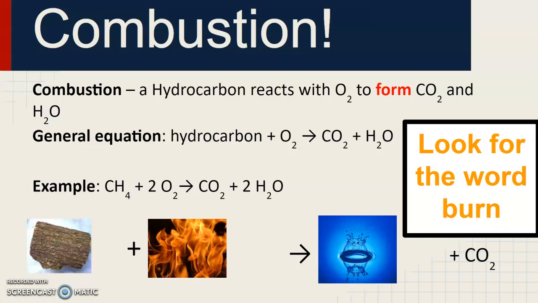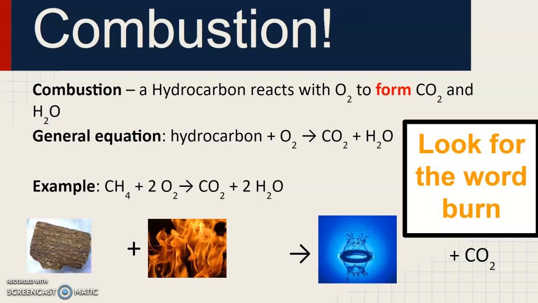With this, it can be a little bit tricky. Look for the word burn, or always look at your reactants and your products. For your reactant, it will always be some kind of CH molecule. It will have C and H in it, plus O2. That will always be on the left-hand side. And then on the right-hand side, you'll always have CO2 plus H2O.